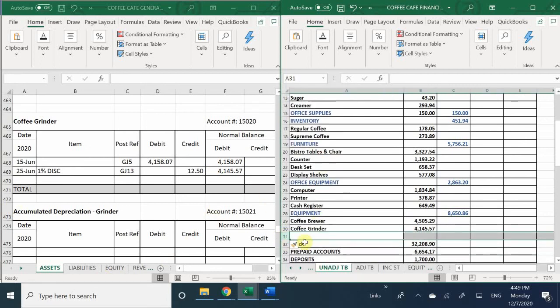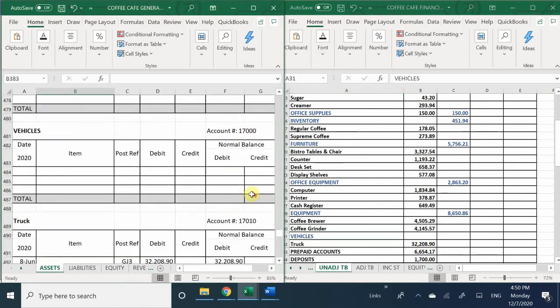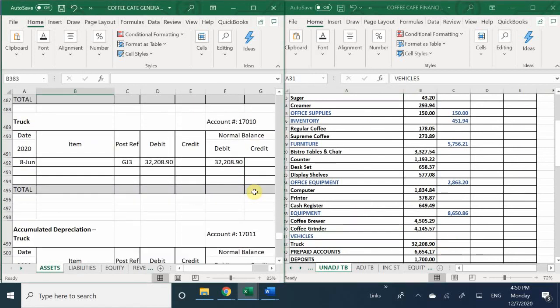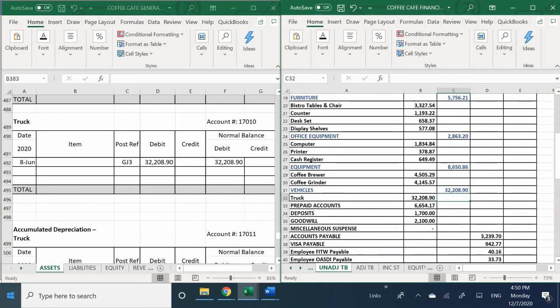It's up to you if you want to add vehicles in here. Vehicles. All right. And that's going to be in blue. Of course, did I make any changes to my truck? No. So your vehicles is going to reflect the same amount as your truck. All right.